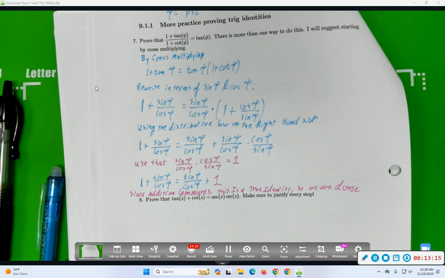Alright, so I guess in the last step you like cotangent is 1 over tangent. Yeah. Distributed 1 over tangent 1 over 1. Cotangent is 1 over. Yeah.